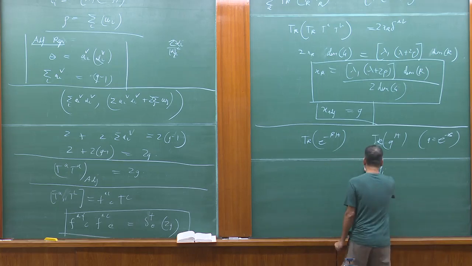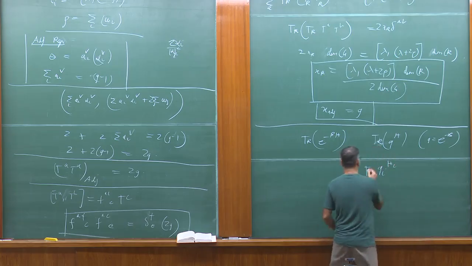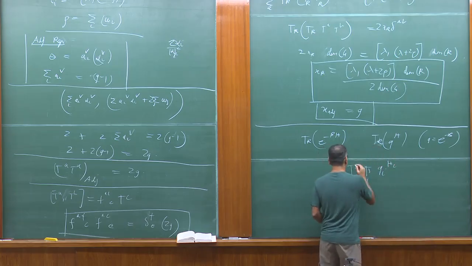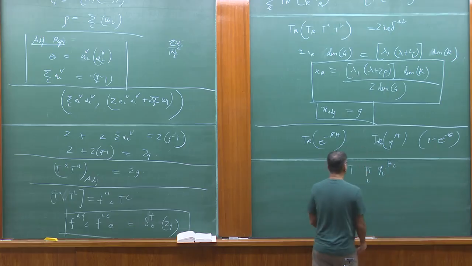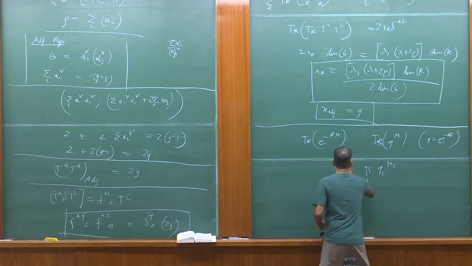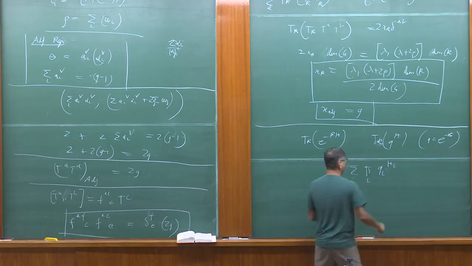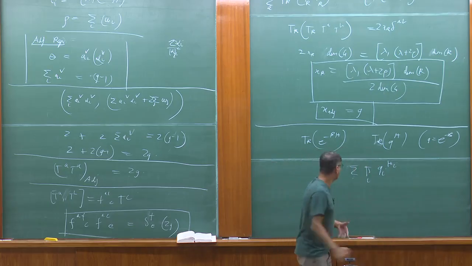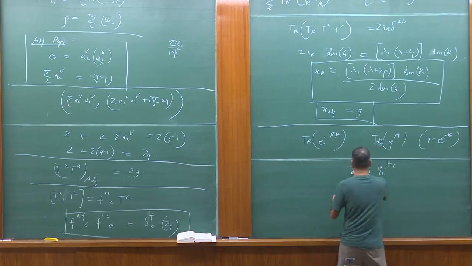Okay? And then we do product over i, Qi to the power Hi. And then, sum over all. Or if you want to think of this, this is like the trace over the representation.